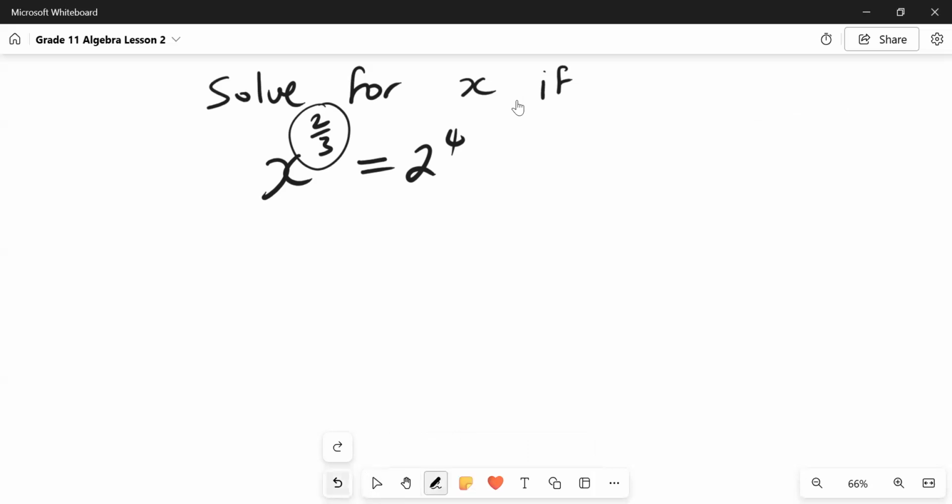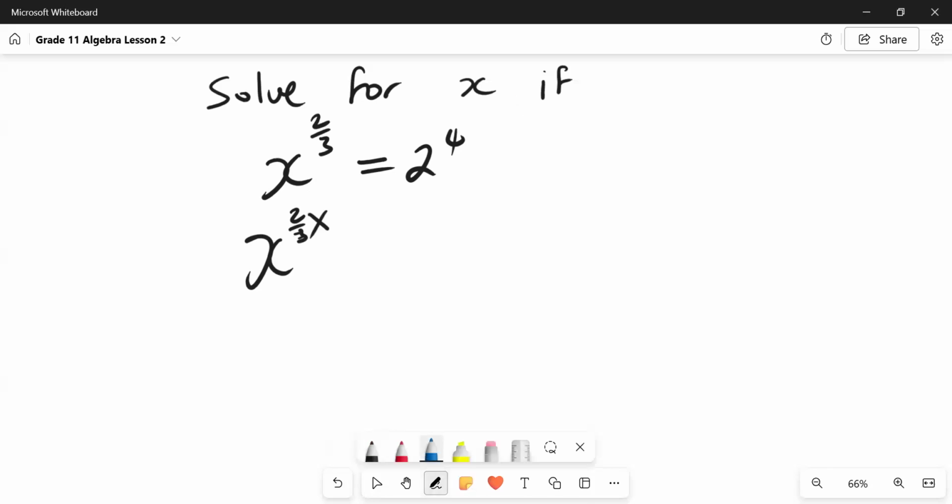So since we have two solutions, we know that x will be equal to maybe negative something or positive something. Now let's multiply our exponents with an inverse. The inverse of 2 over 3 is 3 over 2. What you do on your left-hand side, you must do on the right-hand side.